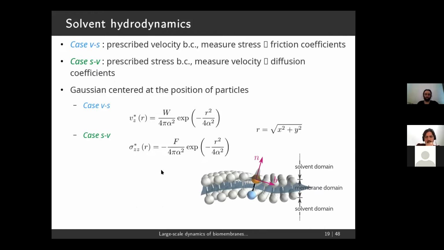We can do it both ways. We can prescribe a velocity locally and look at the stress that is developed in the fluid, or we can prescribe a stress and look at the velocity field and the displacement that comes out of that force. We can use this information to calculate the friction coefficients or the diffusion coefficients.